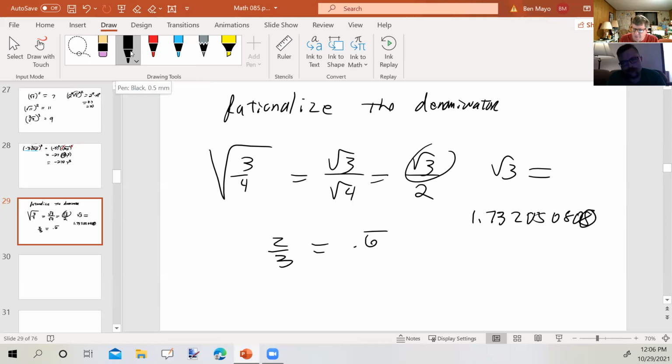This number is being rounded off because the calculator ran out of room. I don't know if you can see that. So let's just say that I had a calculator that showed 100 decimal places, it would fill up the screen and the last digit would still be rounded off because, well, that's as far as we've got room for. So the square root of 3 is irrational, whereas 2 is rational, okay? So in this case, when we just simplified it, it automatically rationalized the denominator.